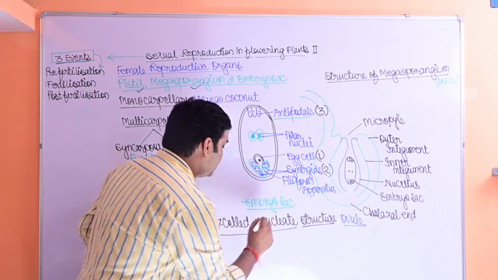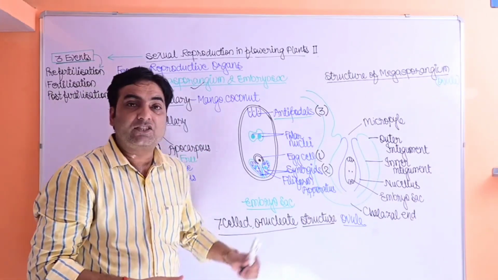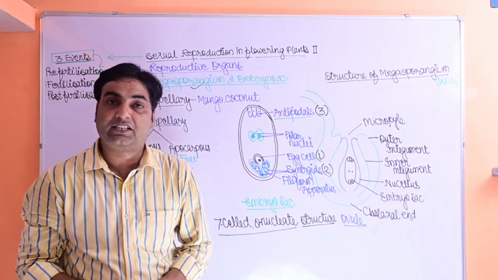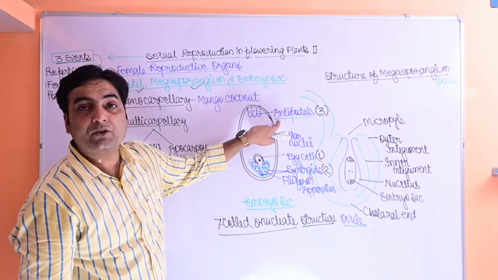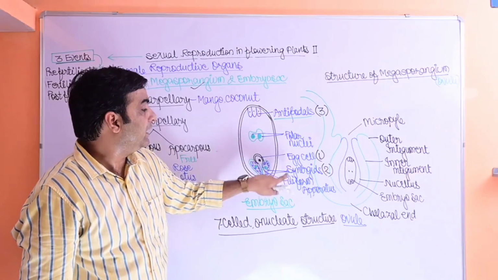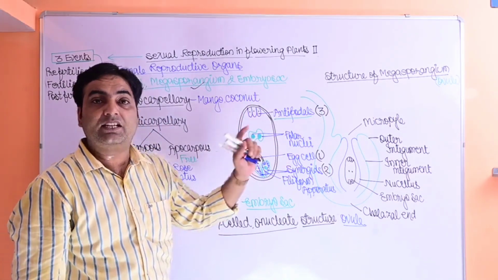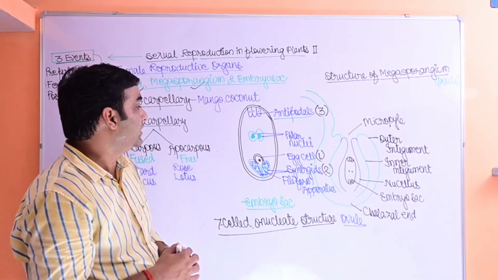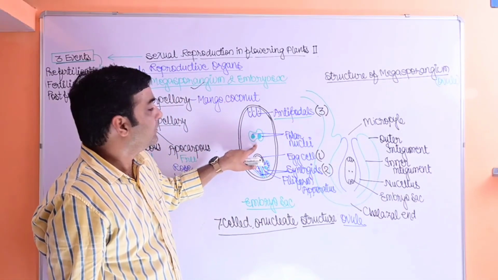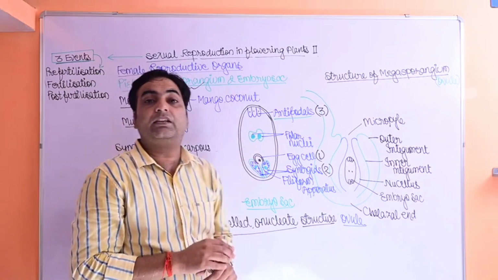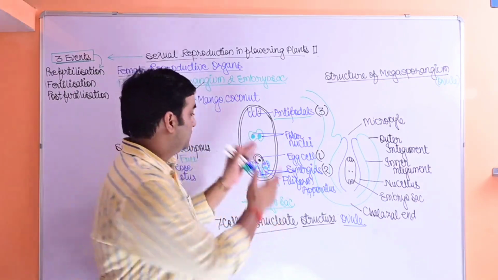So we will write directly, the embryo sac is called 7-celled 8-nucleate structure because embryo sac has 3 antipodal cells, 1 egg cell, 2 synergids, and 1 bigger cell itself. So there will be 7 cells total. Each and every cell has 1 nucleus, and in the center 2 nuclei are there. Therefore, there will be 8 nuclei in the single structure.